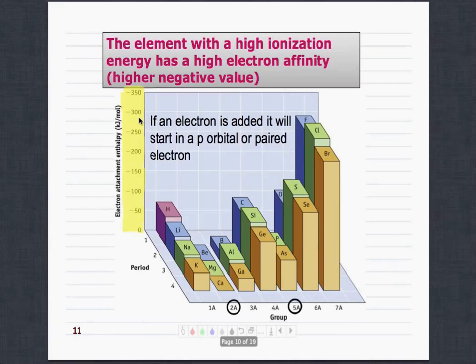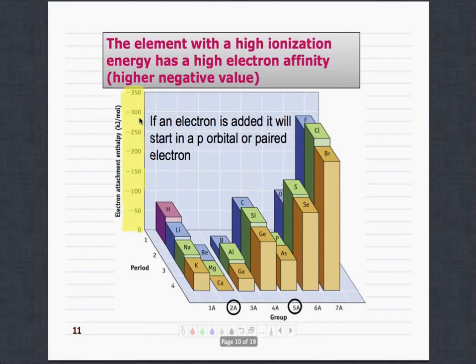This is why it is minus here, minus 300. So the electron affinity is always represented with a minus because it's exothermic, but minus 300 means it's giving out 300 kilojoule. It doesn't mean it's losing minus 300 kilojoule.